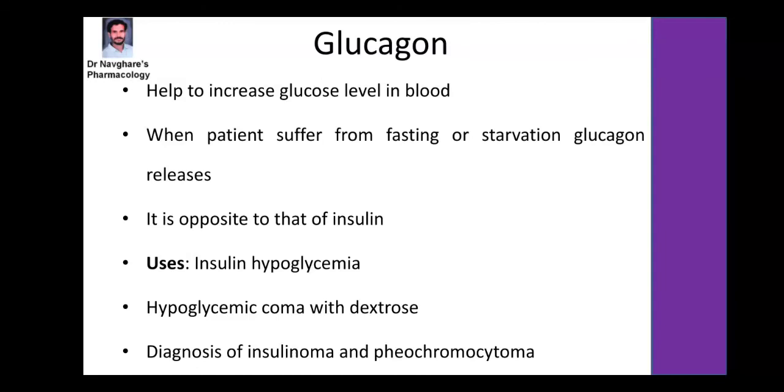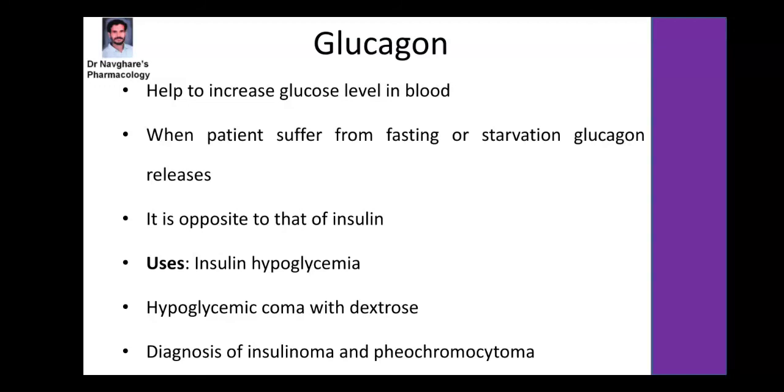The next hormone from the pancreas is glucagon. Glucagon helps to increase glucose level. It is totally opposite to that of the insulin molecule. Increase in plasma glucose stimulates insulin release, whereas decrease in plasma glucose stimulates glucagon release.